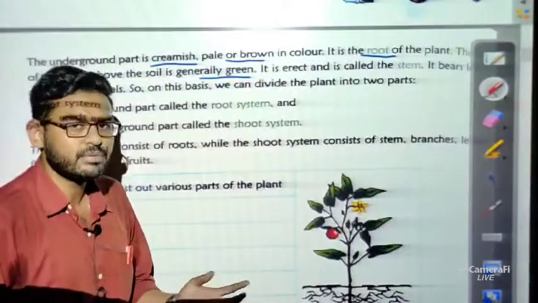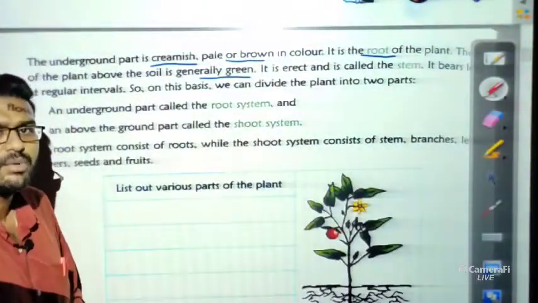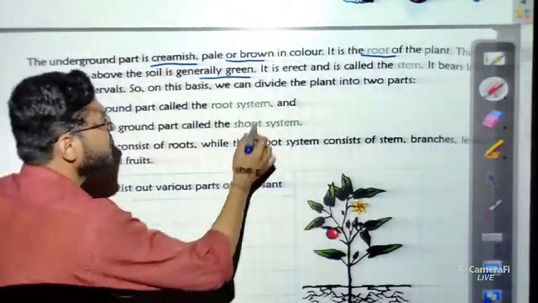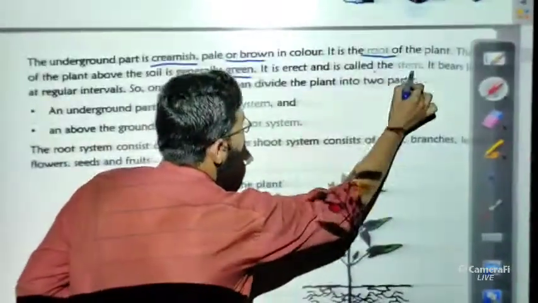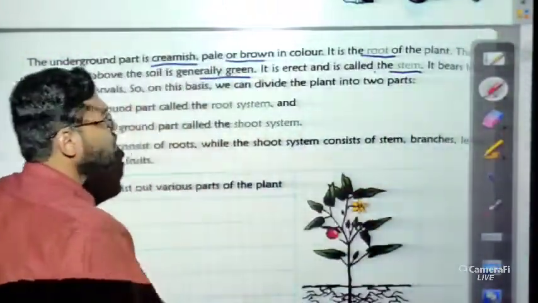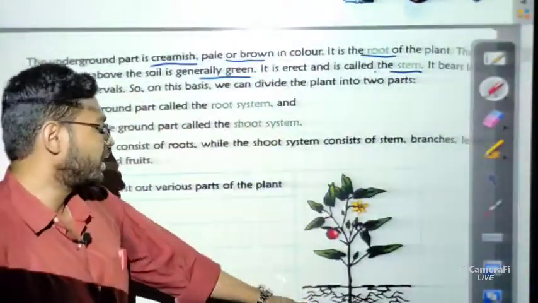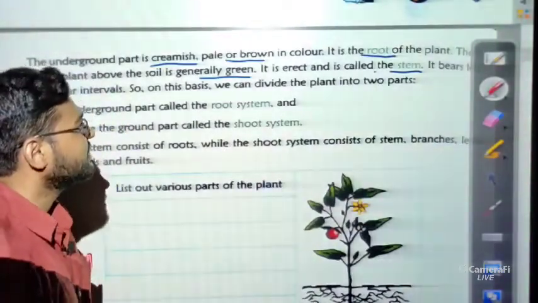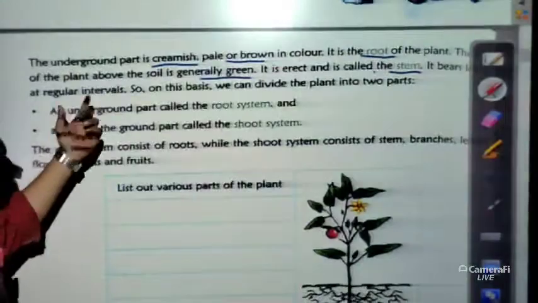Exceptions are there, but in about 90% of cases plants or leaves are green. It is erect and called the stem. The lower part, students, we call the root. That means the underground part is the root and the above-ground part is the stem. It bears leaves at regular intervals.